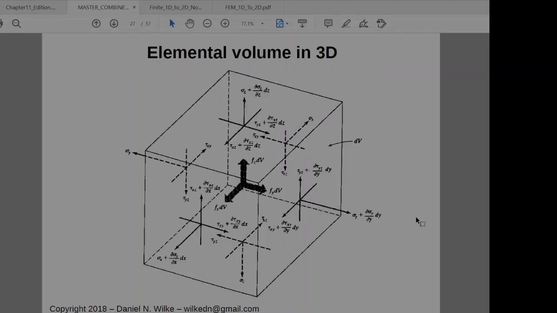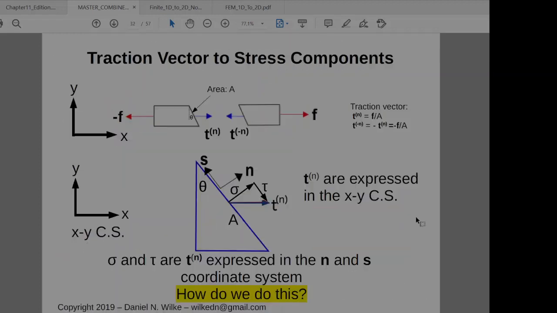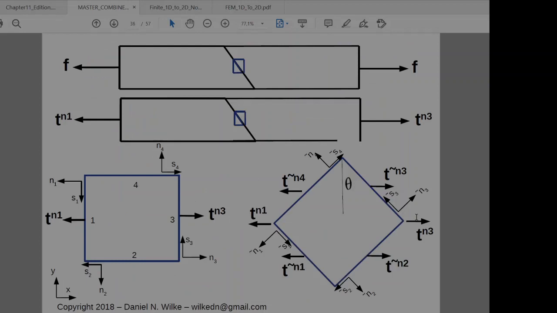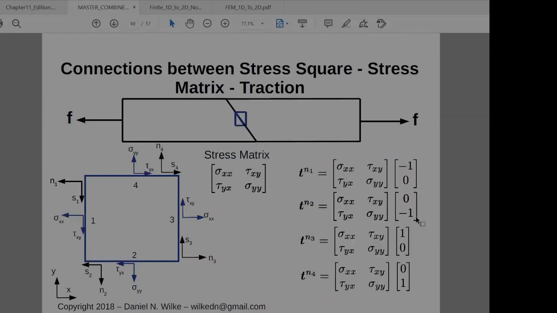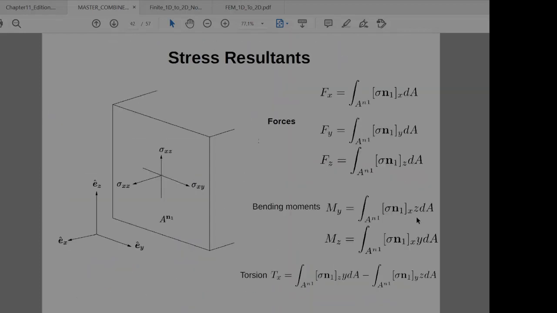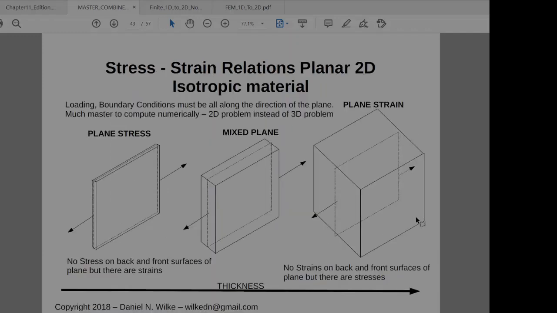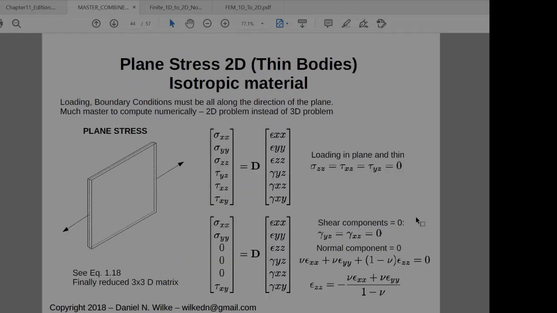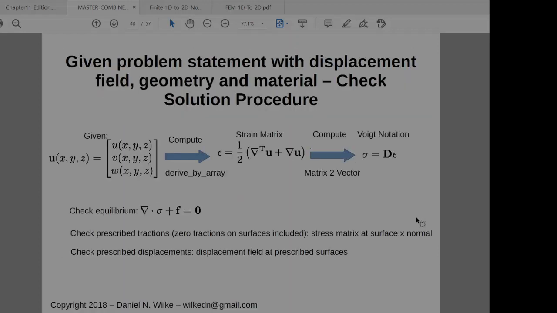Then we want to make sure we understand how equilibrium works, how tractions are related to the stress tensor, and then following through on this, we could relate all of this back to our stress resultants. Okay, so macroscopically we might have forces, moments, and torsion, and how does that relate to the stress components? Then that was essentially where we got to that point.